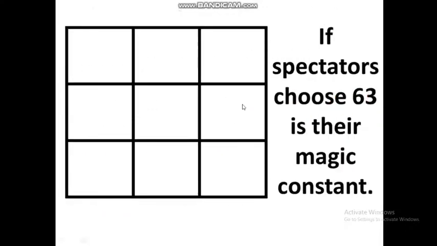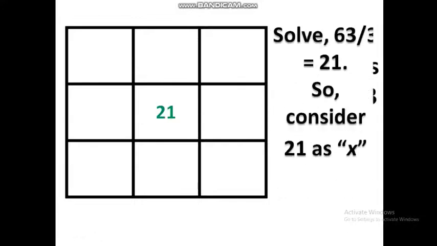In the same way, if spectators choose 63 as their magic constant, divide 63 by 3 and we get 21. So 21 will be x, right? Here x is 21, and here x minus 4 is 21 minus 4, so this box can be filled with 17.